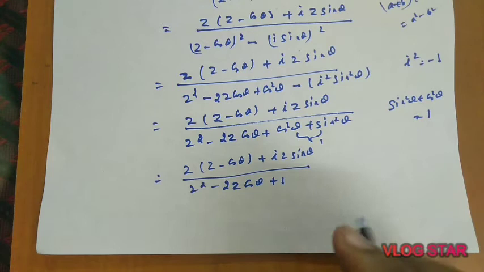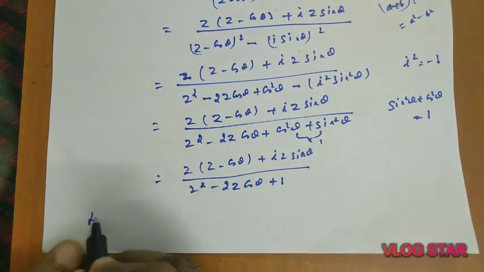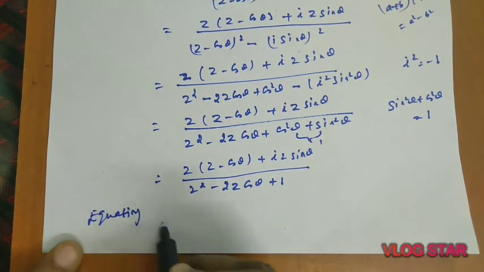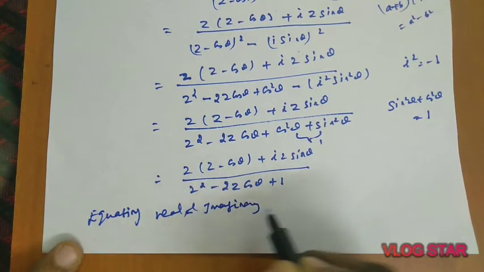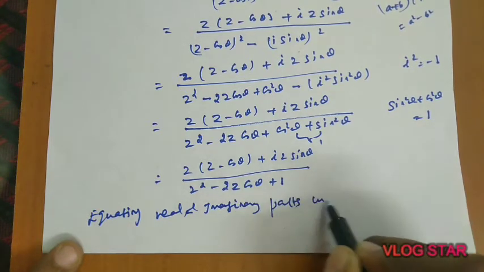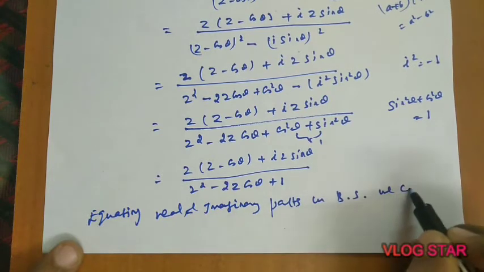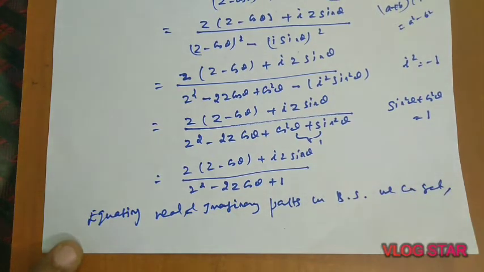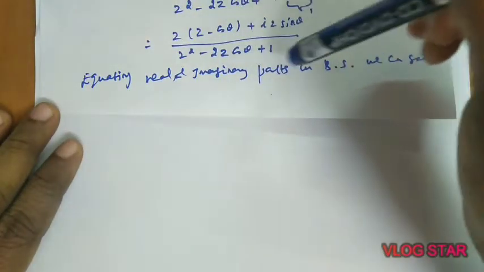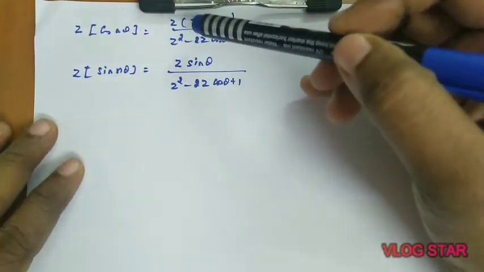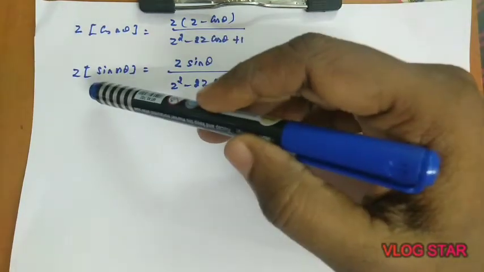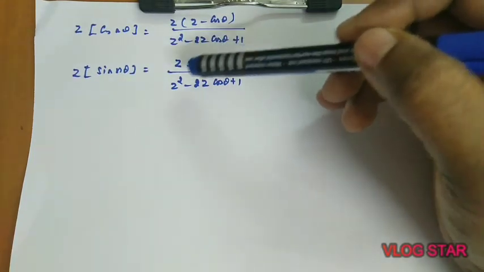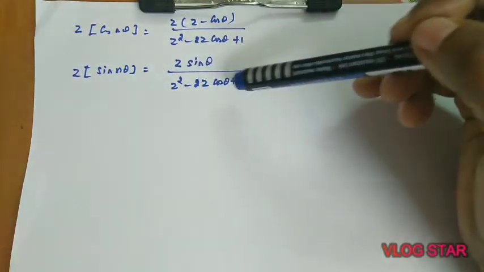So equating real and imaginary parts on both sides, we can get the answer as z of cos n theta equal to z into (z minus cos theta) by z square minus 2z cos theta plus 1, and z of sin n theta equal to z sin theta divided by z square minus 2z cos theta plus 1.